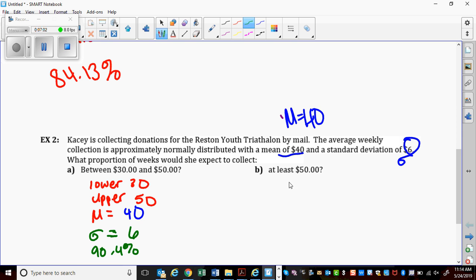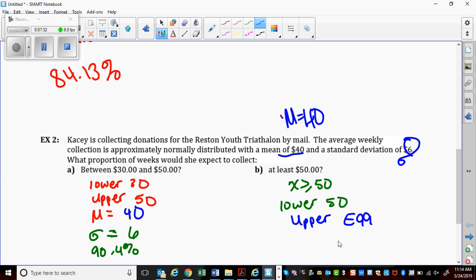At least 50 means that my probability of X is greater than or equal to $50. Or 50 is my lower bound, so we're going to put lower is 50. My upper bound is infinity. So what you can write is E99, and that means 10 to the 99 power, or infinity.